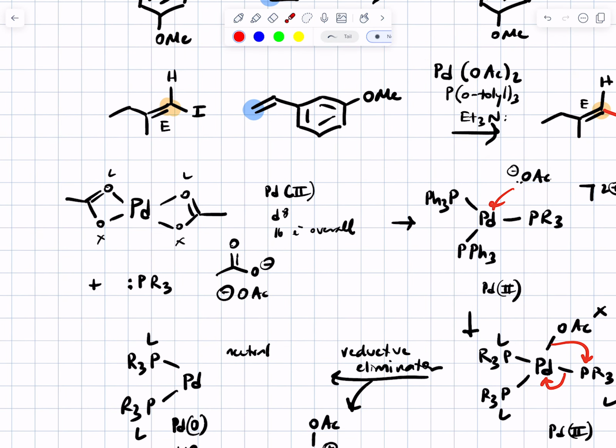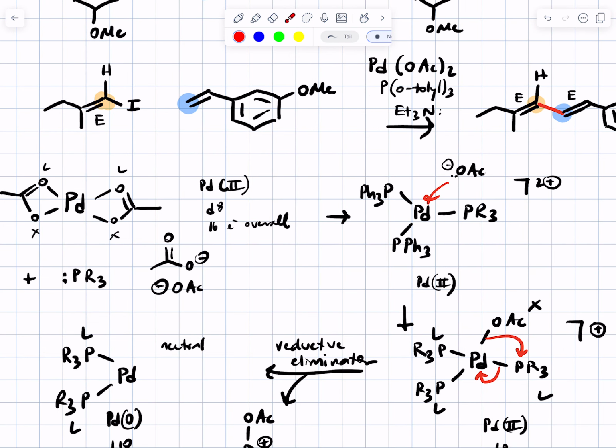There's ligand exchange or ligand binding where the 2 acetate ligands leave, and then anywhere from 3 or 4 phosphine ligands could bind the palladium. I guess these should be PR3 because it's the tolyl ligands.